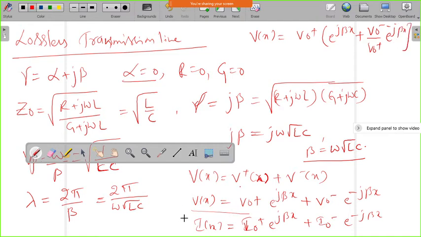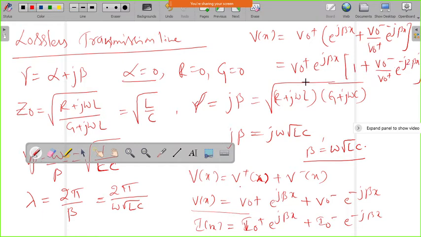Or, if I take e power plus j beta x common, we will get 1 plus V naught minus by V naught plus into e power minus j 2 beta x, because the V naught plus by e power plus j 2 beta x, if I take it into the numerator, becomes e power minus j 2 beta x.